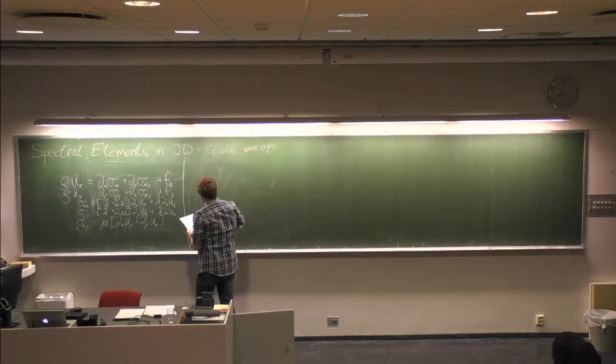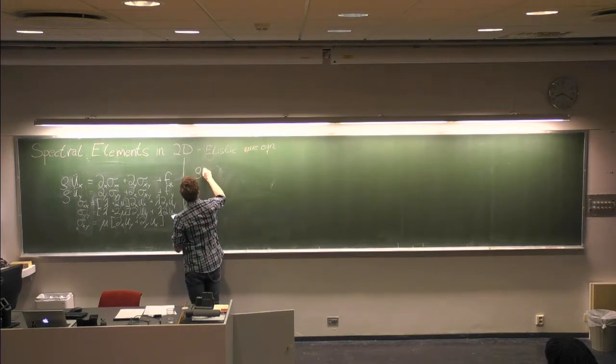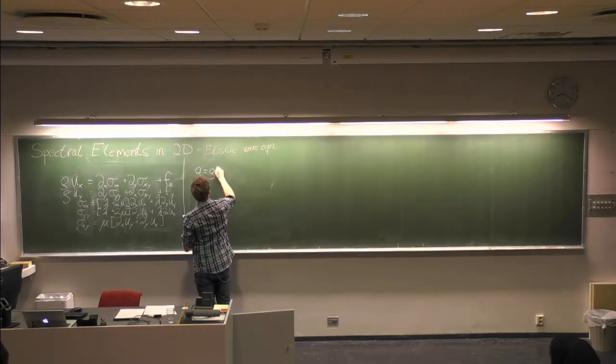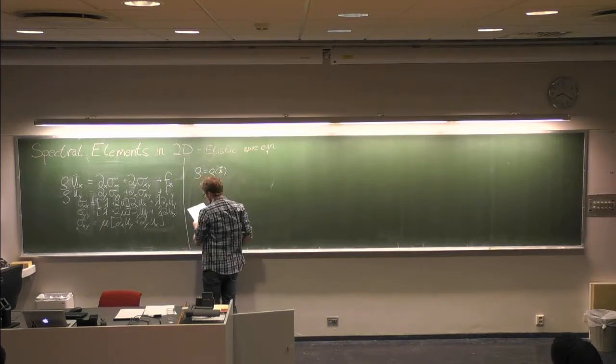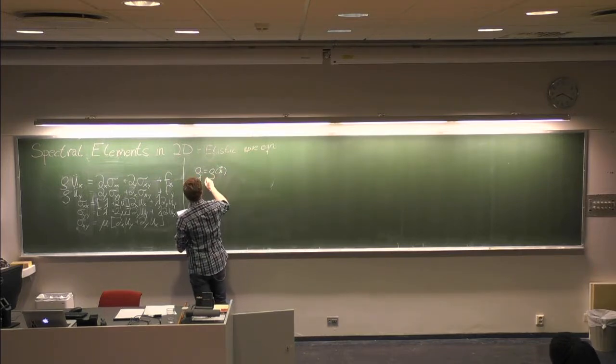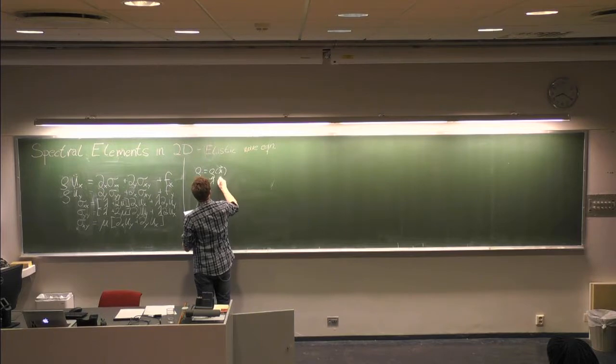And to summarize, we have density is only dependent on space. Lambda is also just dependent on space.